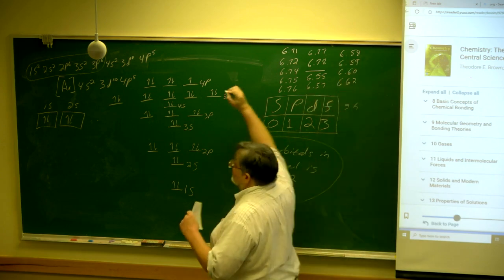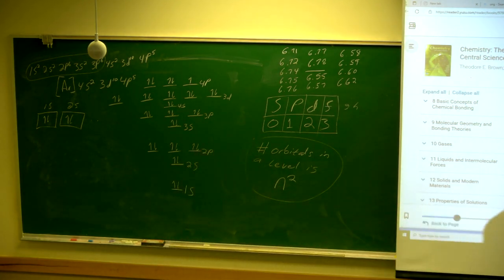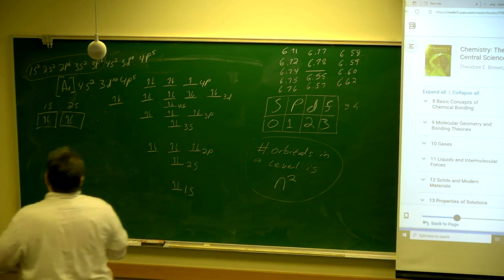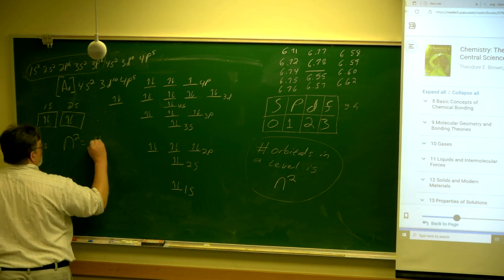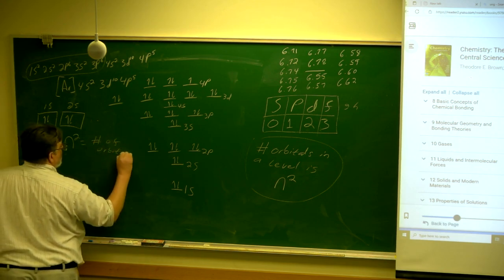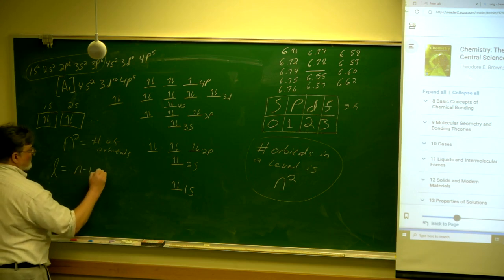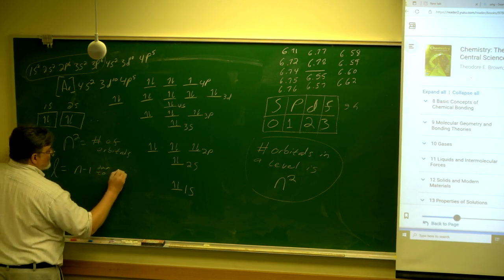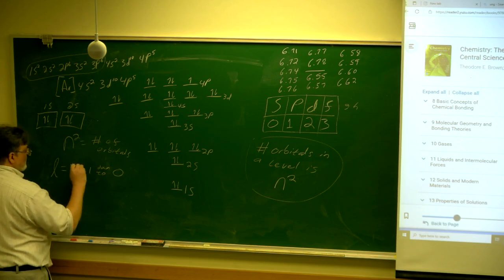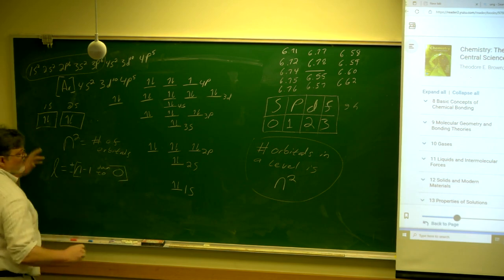So these are related to the ML, M sub L, MS. And then L has these possibilities: N minus 1 down to 0, and it's plus minus. Just my shorthand. So those two equations.